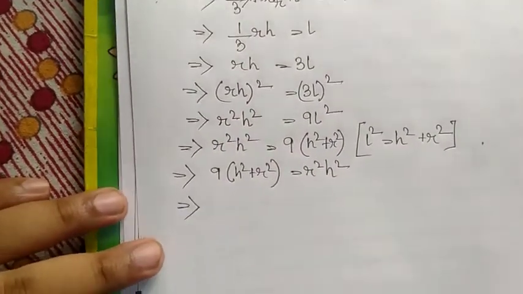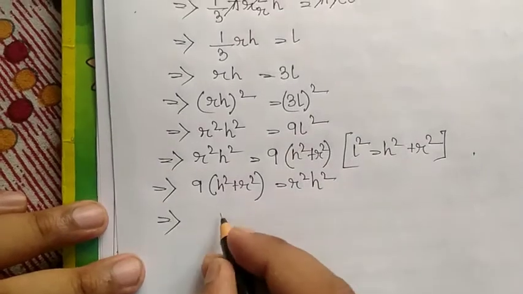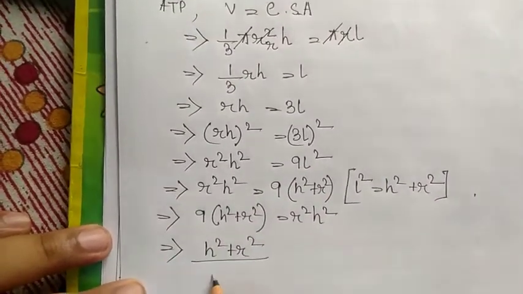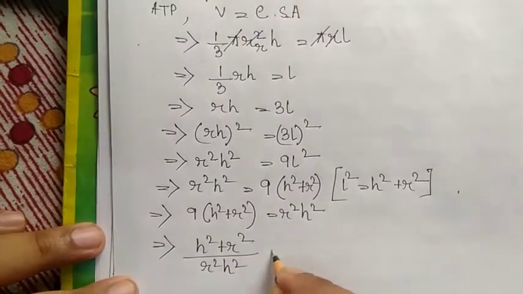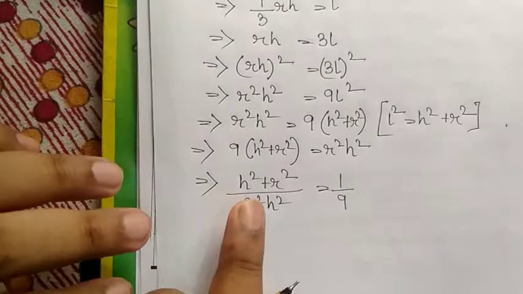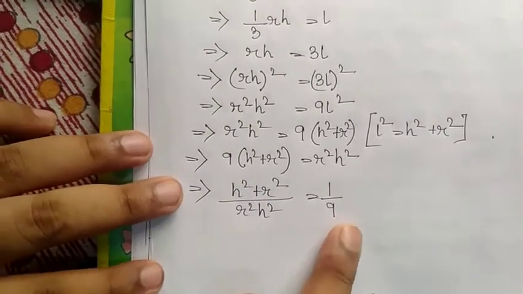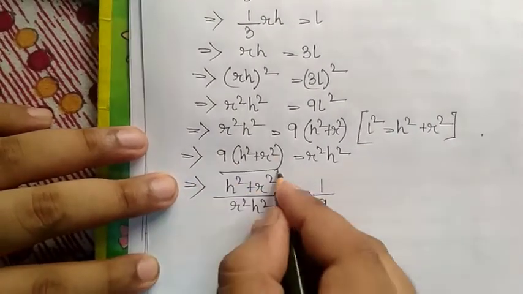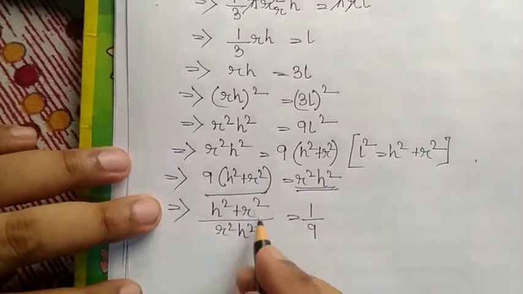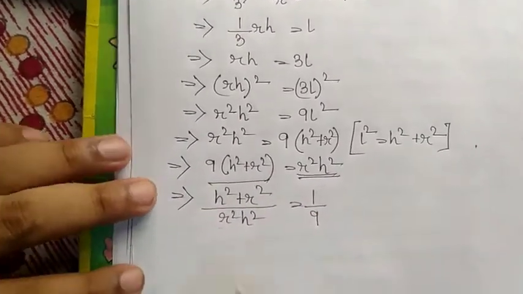So after that we can write h square plus r square by r square h square equal to 1 by 9. So if you cross multiply the terms, 9 into h square plus r square, and r square h square into 1, we have to write this in fraction formation. Why?